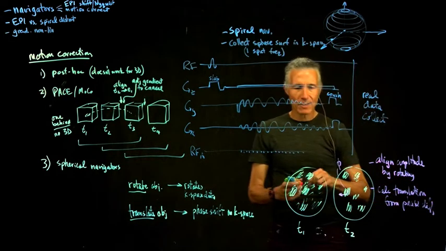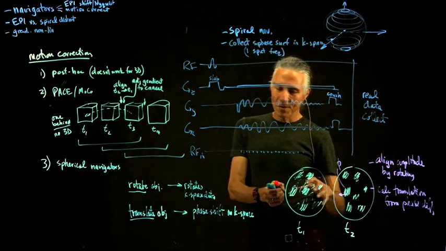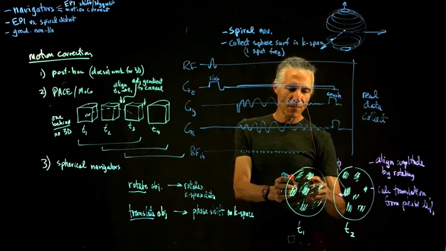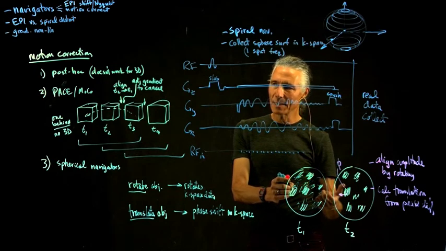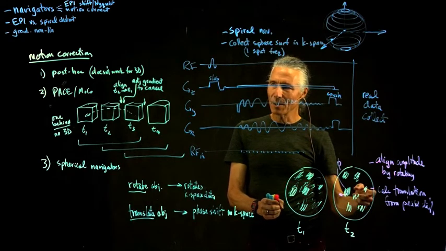So if we calculate translation from the phase difference, it's a three-dimensional sphere, and so we'll have information about how the phase changed in x, y, and z. And so we can calculate the x, y, and z offset.